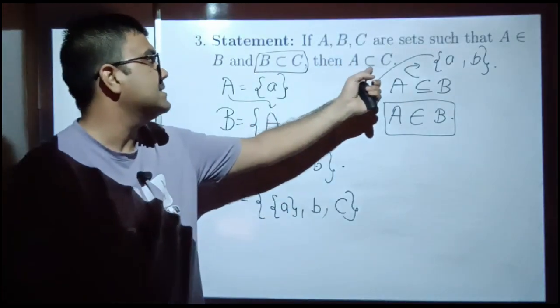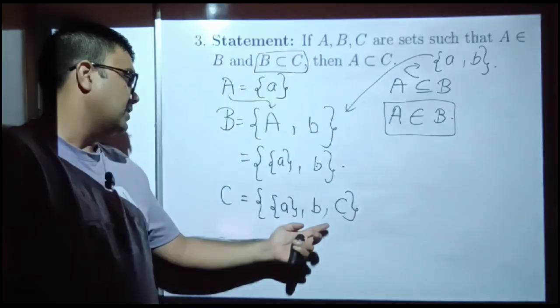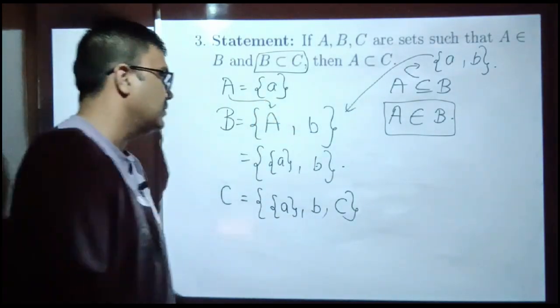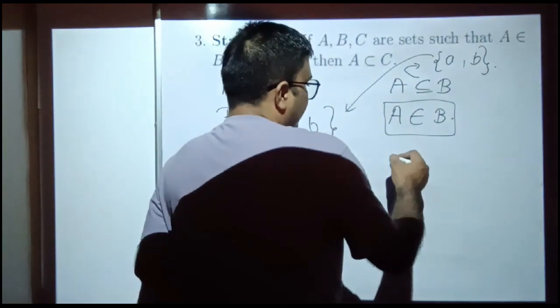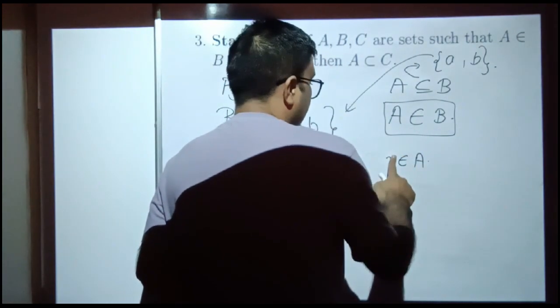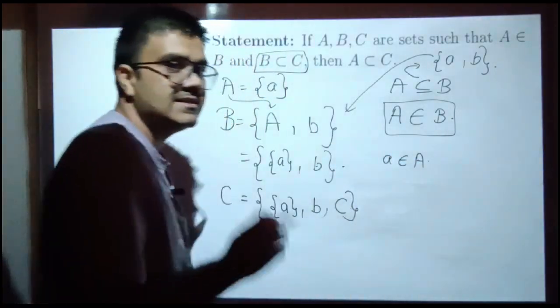Then A is a subset of C. Look at this condition over here. Then A is a subset of C we have to prove. To prove this thing, what we have to do, we will consider some x belongs to A. In this case, in place of x, we are saying A belongs to A. There is an element A in the set.